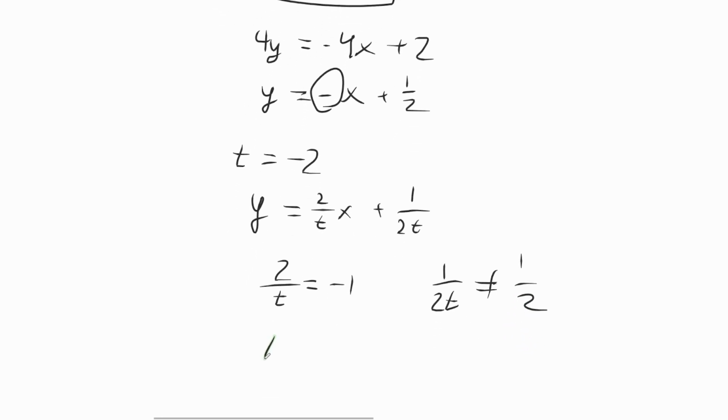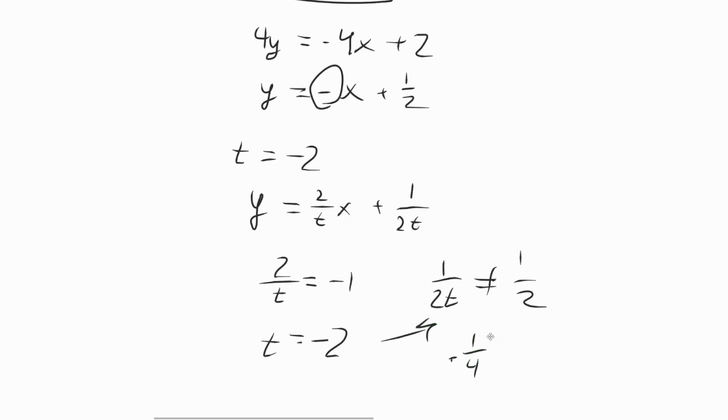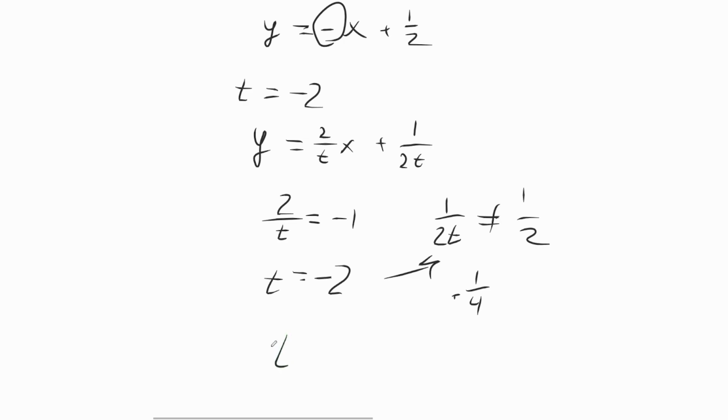So from here, t is equal to -2, and that -2 works because if we plug in -2 to the second equation, we'll get 1/4, which does not equal -1. So when t equals -2, the system has no solutions.